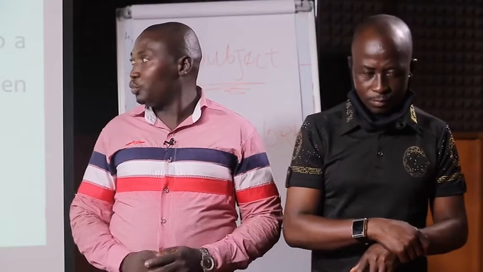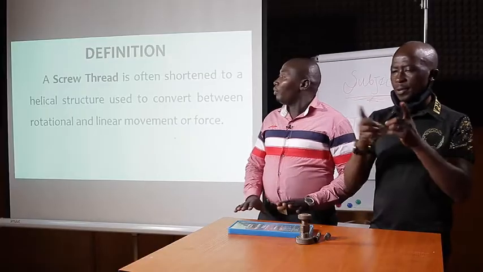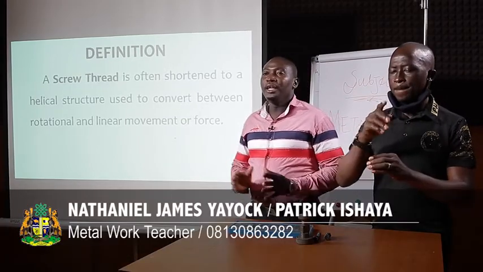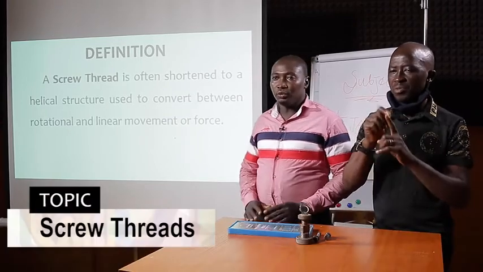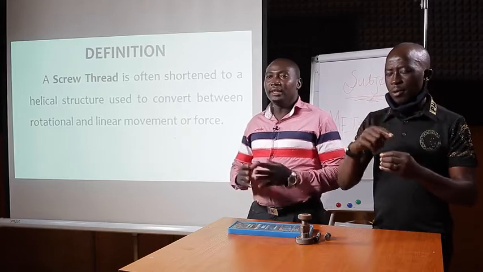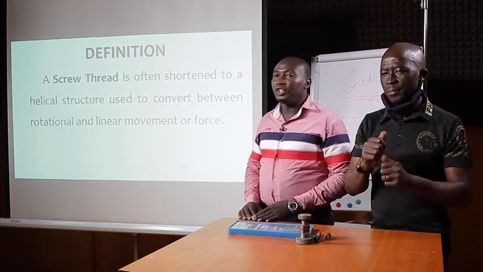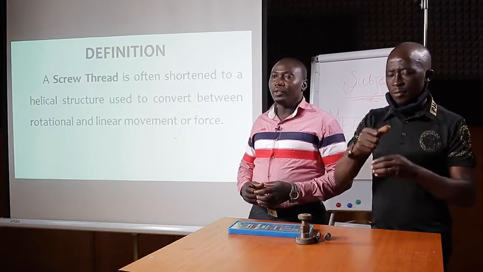Come with me as we go through the definition. Now, a screw thread should not be a new word to you as a metalwork student, because we have been using screws in our day-to-day life activities, especially in fastening component parts together.